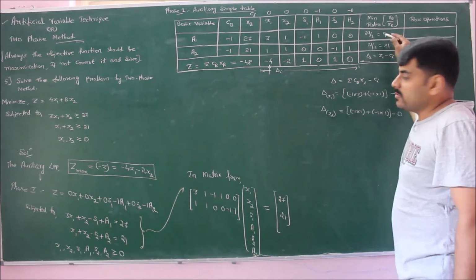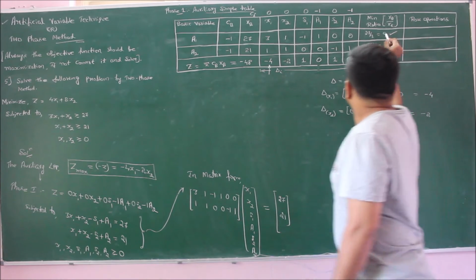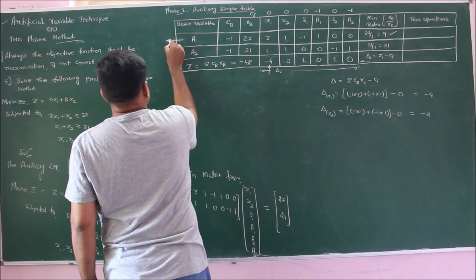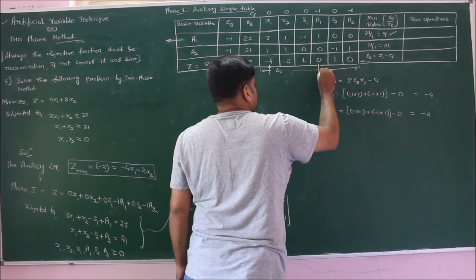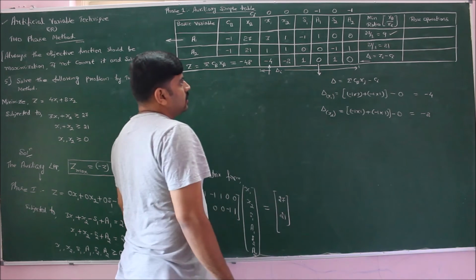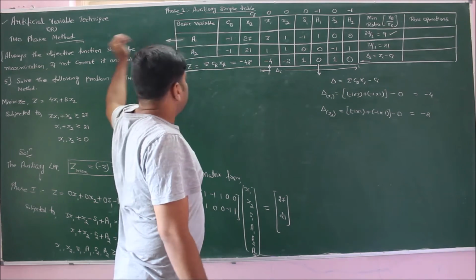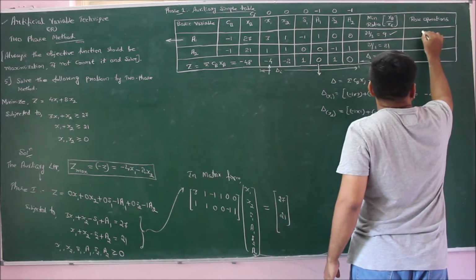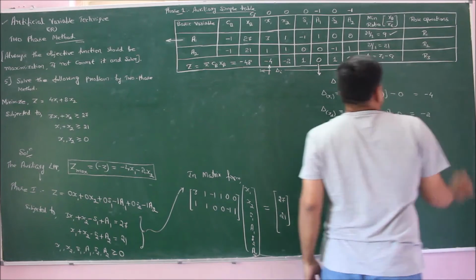So the minimum ratio of xb by xk is 9, and the outgoing vector is a1. From this it is clear that x1 is the incoming vector and a1 is the outgoing vector, and let me mark these rows as r1, r2 and r3.